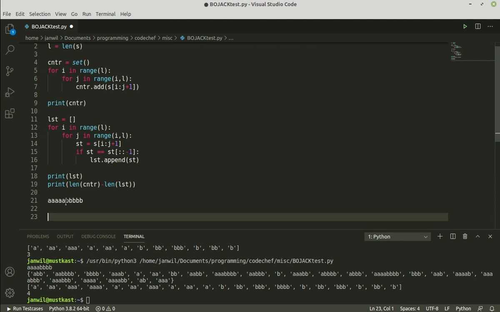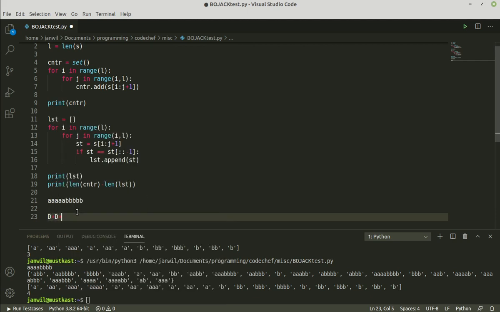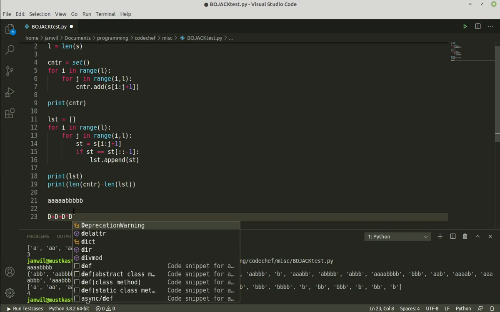So there are D substrings that only consist of B's. So altogether we have D plus D, and then there are substrings consisting of first A's and then B's, and it's easy to see that there are D times D of them.